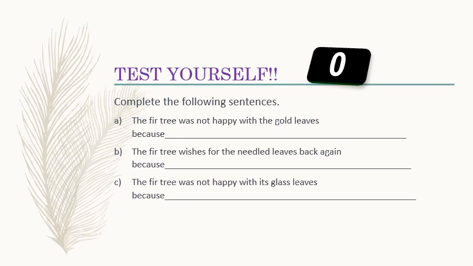Number B. The fir tree wishes for the needle leaves back again because it finally realized that it was the best thing it had ever had. Number C. The fir tree was not happy with its glass leaves because it was broken by the wind. I hope you all have done it correctly. Very good.